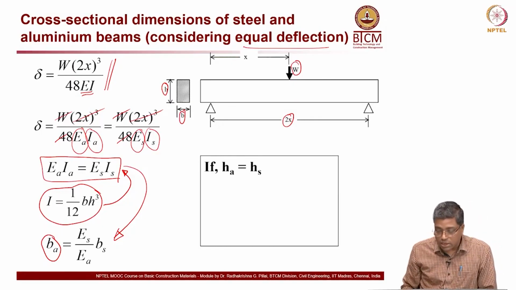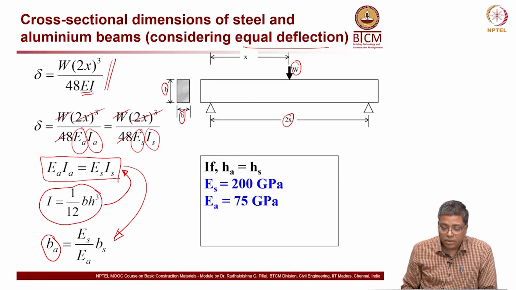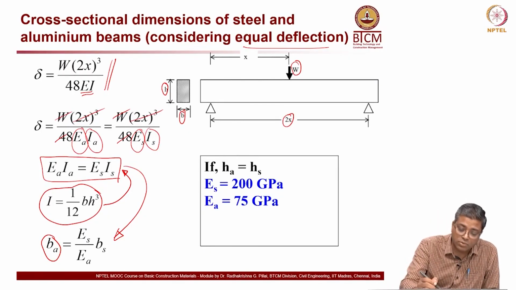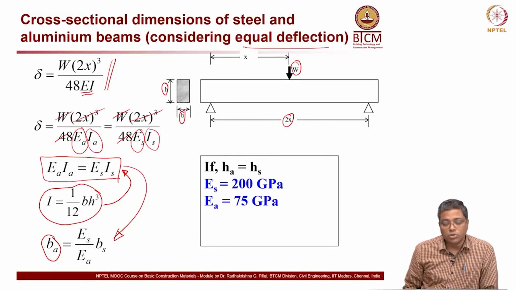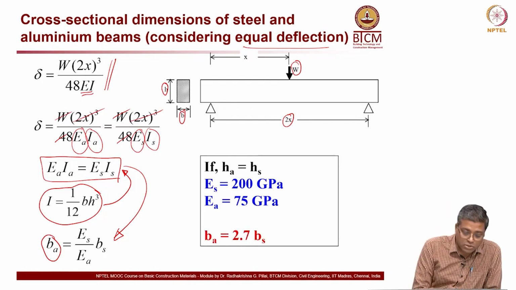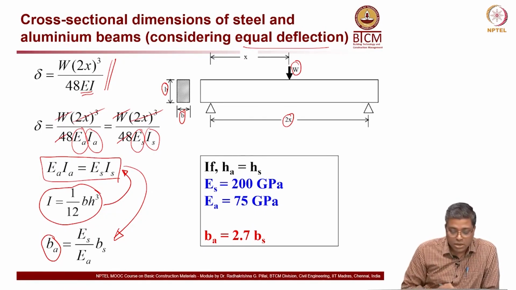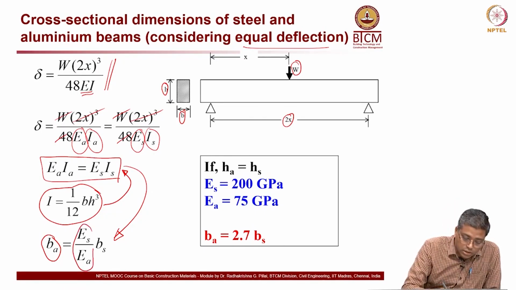Now, let us look at these numbers. If HA is equal to HS, in other words the same height is considered for both steel and aluminum, then assuming the modulus of steel to be 200 and modulus of aluminum to be 75, what we eventually get is BA is equal to 2.7 times BS. That means this term here is equal to 2.7.